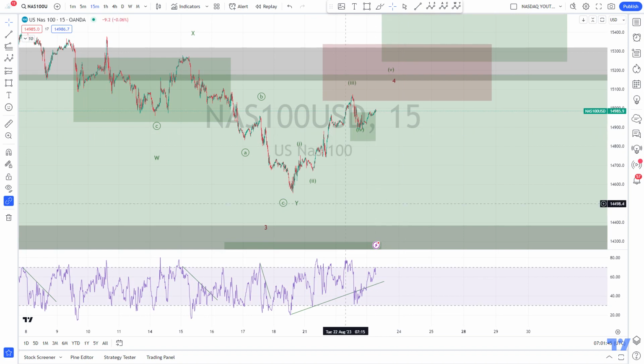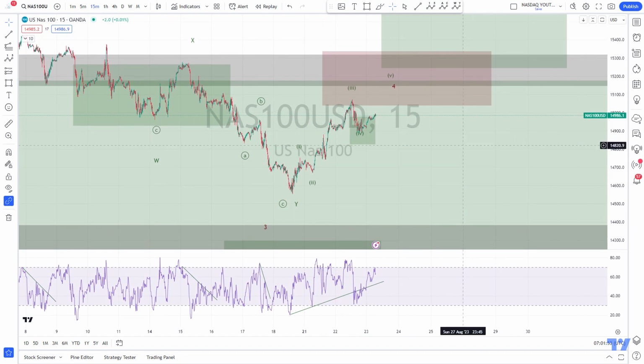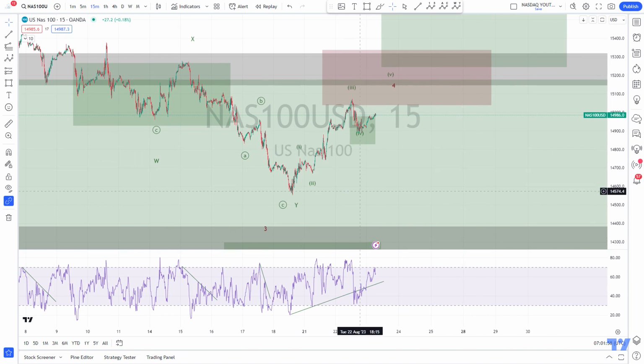So I always consider multiple scenarios, because the market will do what it wants to do. I just have to be prepared and know when I can enter and when I cannot enter.